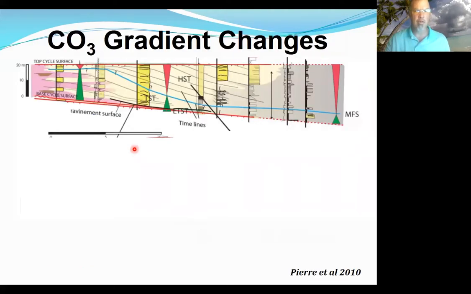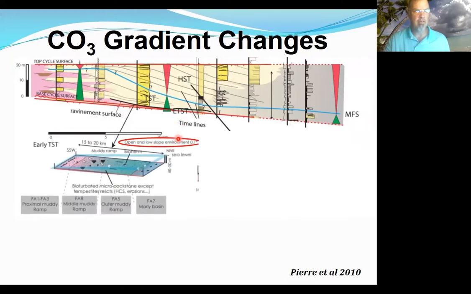There's a study from Morelli and Pierre a couple years ago, and it looked at a cycle from the Jurassic, basically transgressive, early highstand, late highstand. And I don't know if you can read this, but basically this says for low slope environment, 0.1 degree, what do you think the rocks in this lower part are like? Well, let's see, muddy ramps.